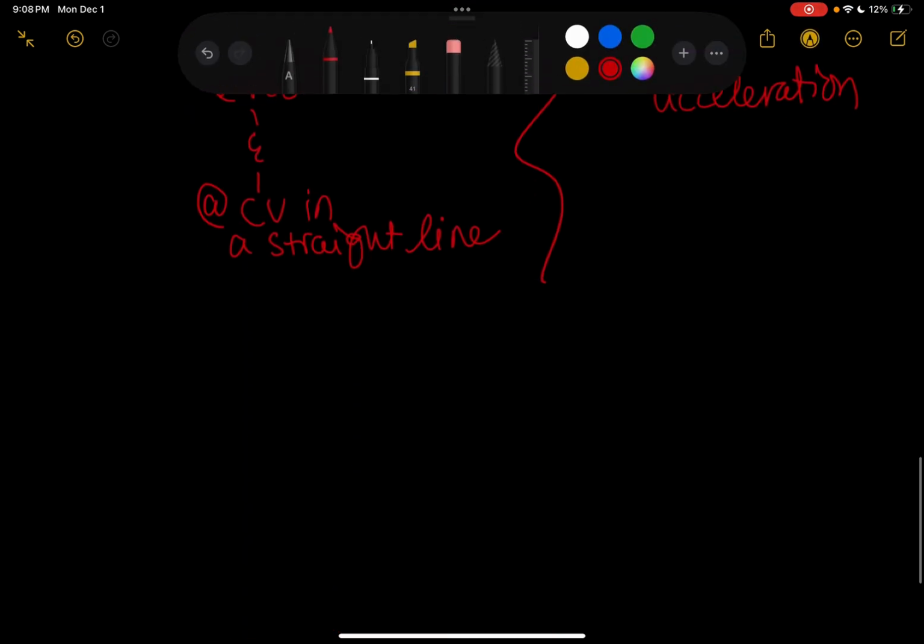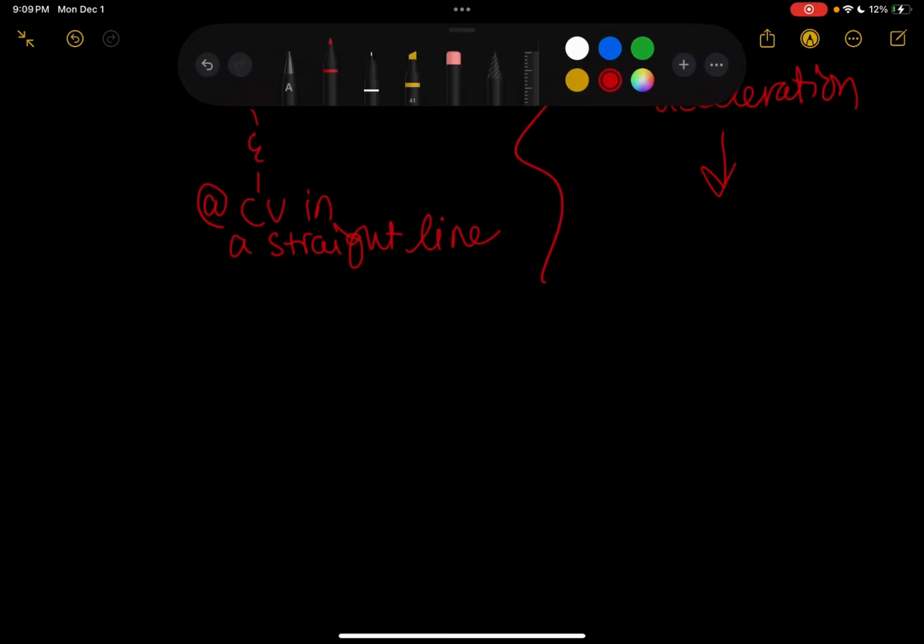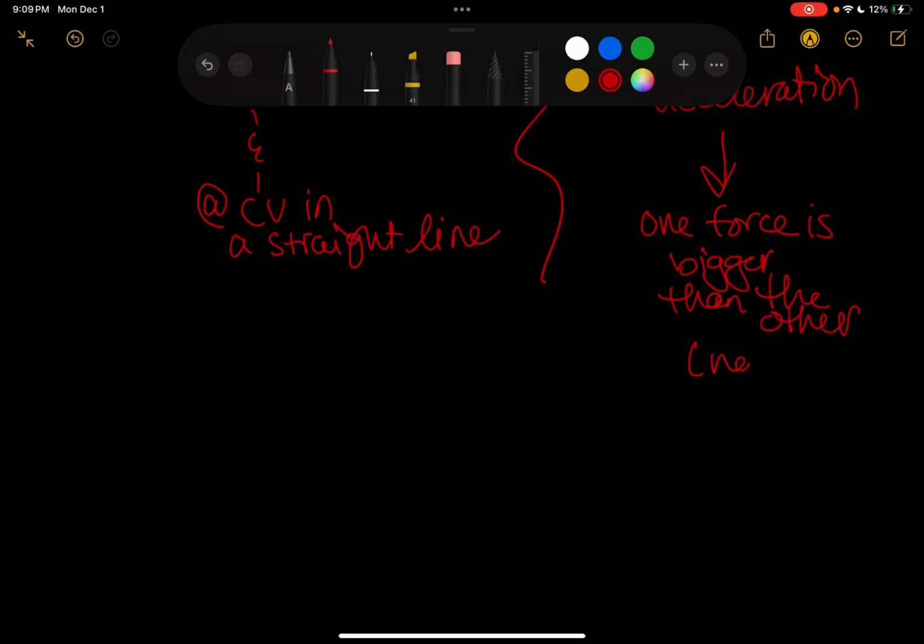So if it's unbalanced, that means that one force is bigger than the other, right? So they're not equal in length.